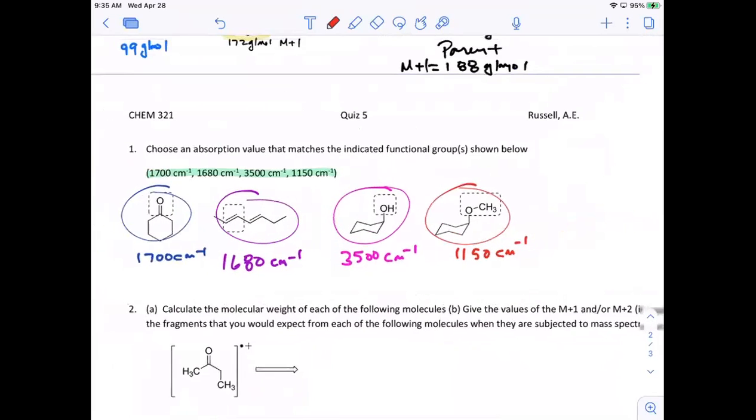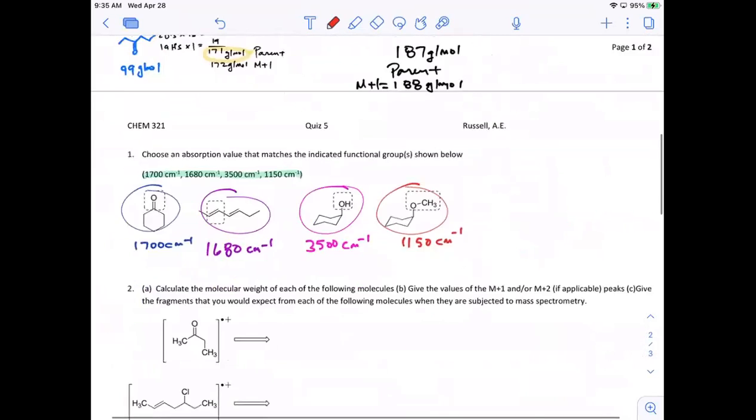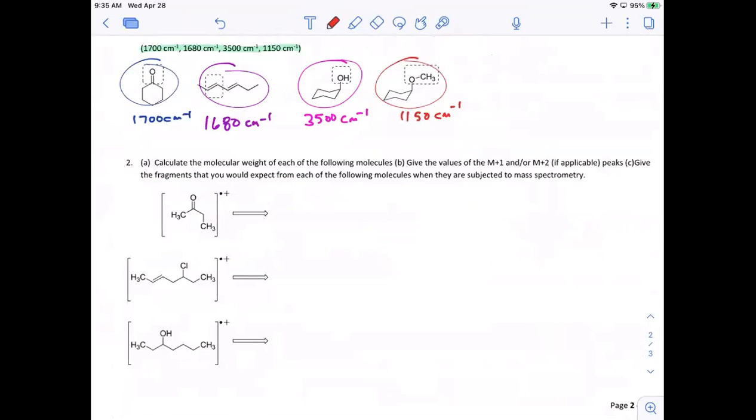All right. So I'm going to break y'all out into groups. I want y'all to work on this problem right here. You already have the radical cation, so now it's just about fragmentation. So my suggestion is to find your functional groups, and we talked about alpha cleavage.